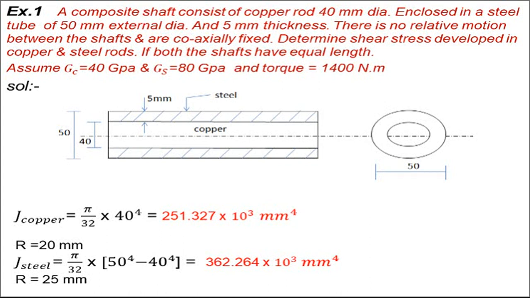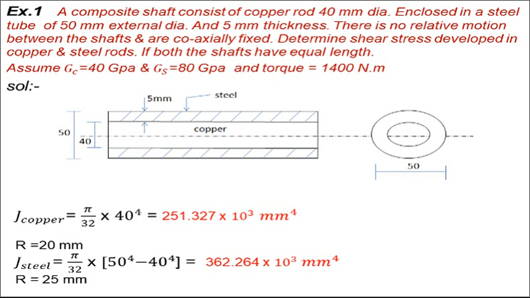Determine the shear stress developed in copper and steel rods if both the shafts have equal length. Assume GC is equal to 40 GPa, GS is equal to 80 GPa, and torque is equal to 1400 Newton meter. So this is a problem of a composite shaft.